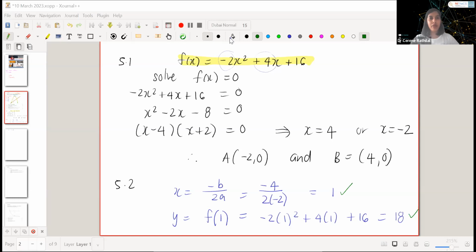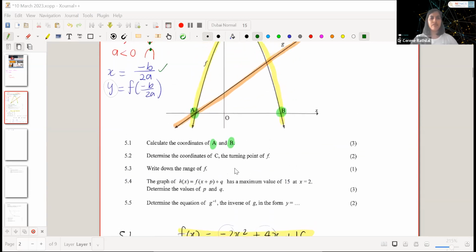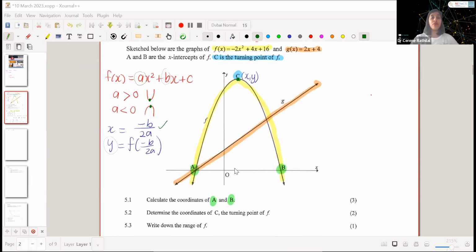Right, let's carry on. Now we've got 5.3. 5.3 says determine the range of the function. What is the range? Right, so can someone explain what the range of a function is? Right, so the range of a function refers to all of the values such that, okay, let me write it down like this.